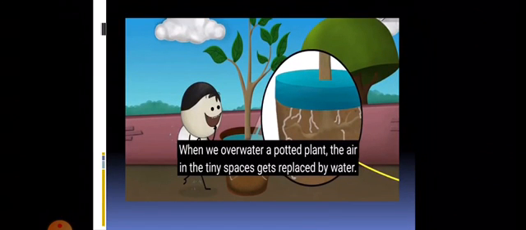When we overwater a potted plant, the air in the tiny spaces gets replaced by water.